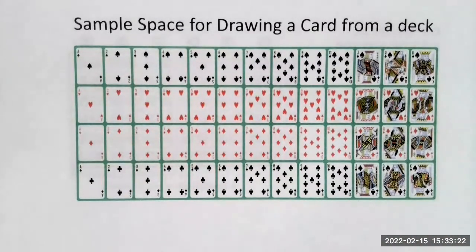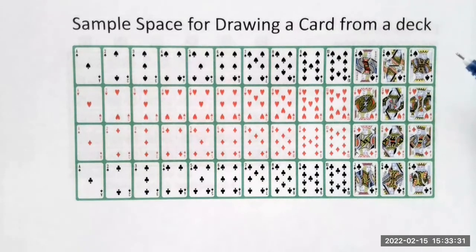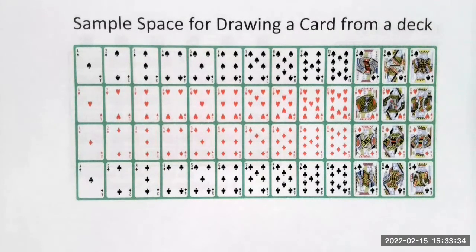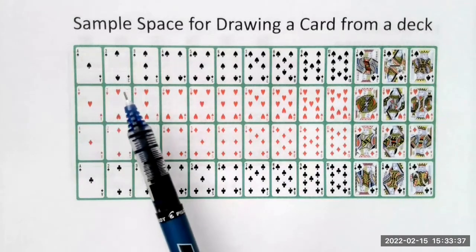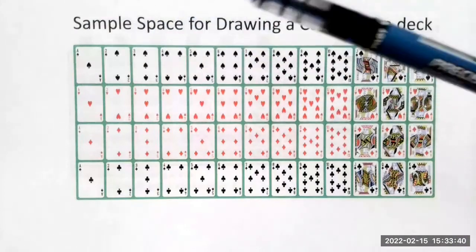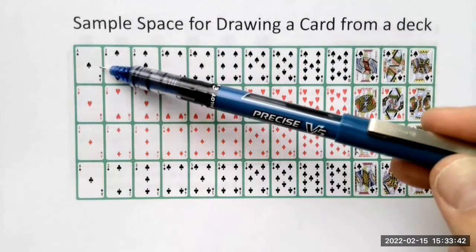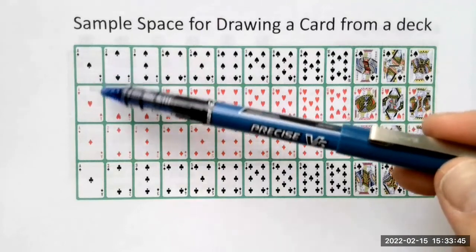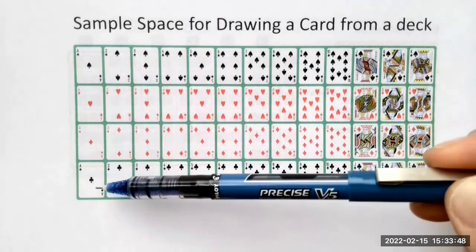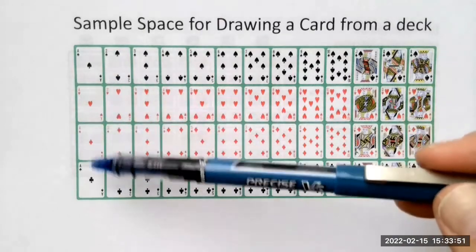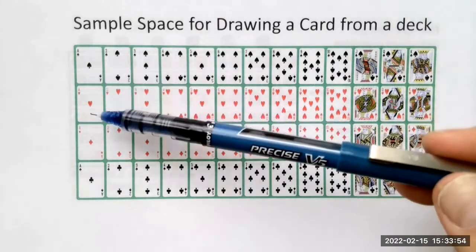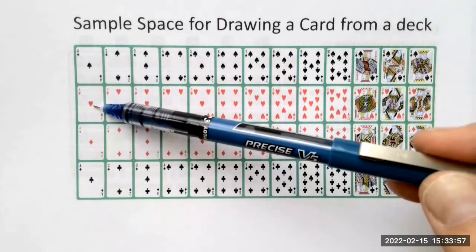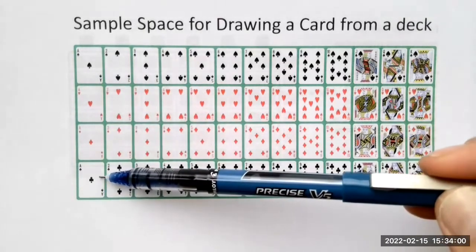All right, another thing that we're going to be working with is a deck of cards. Just for those of you who are not familiar with cards, a deck of cards has 52 cards. It has 4 suits: spades, hearts, diamonds, and clubs, depending on the picture that you get. 2 of them are red suits, diamonds and hearts are red, and spades and clubs are black.